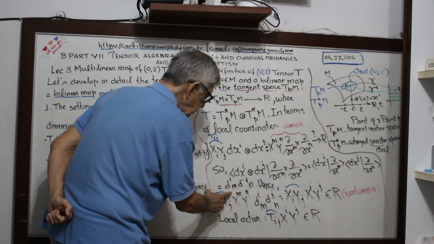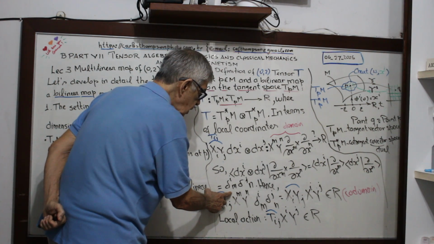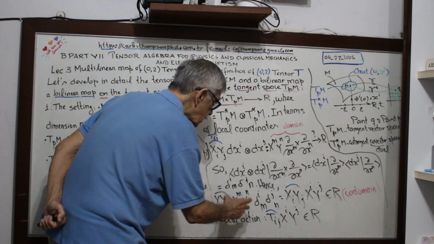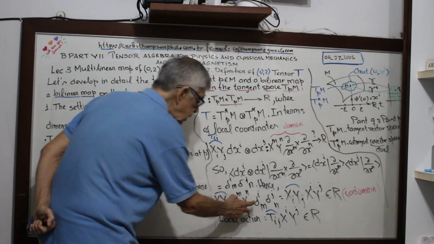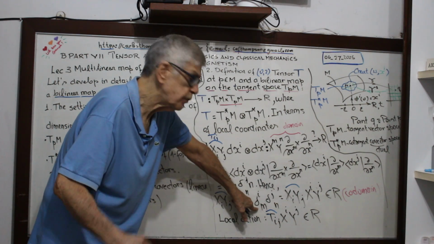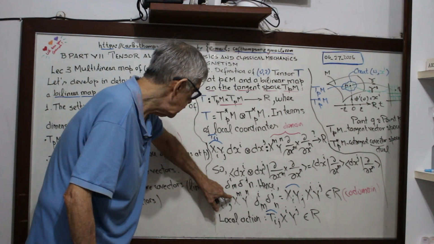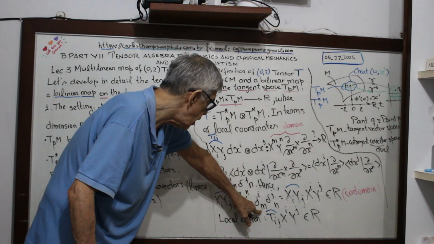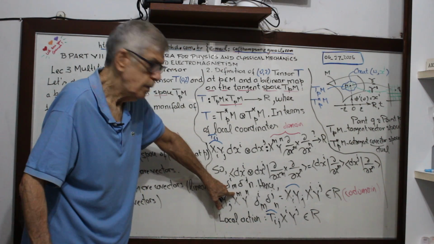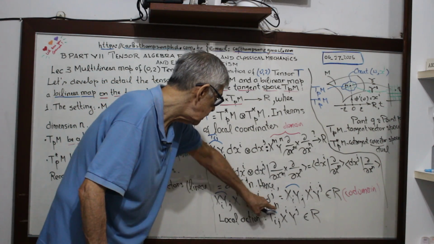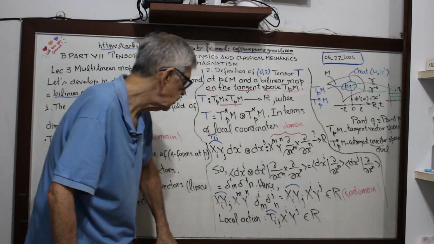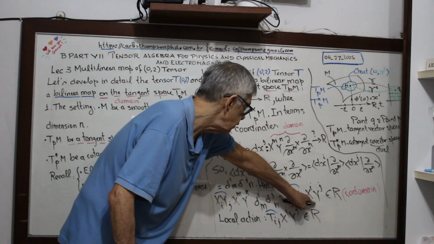Now we act on this with xm, yn. You just follow here. The property of delta im applied to xm gives xi, and likewise delta jn applied to yn gives yj.